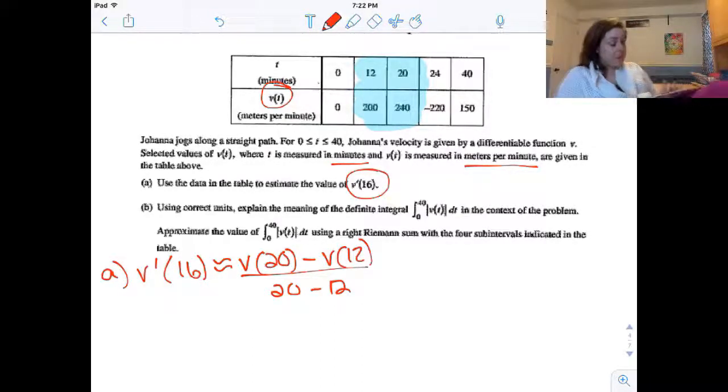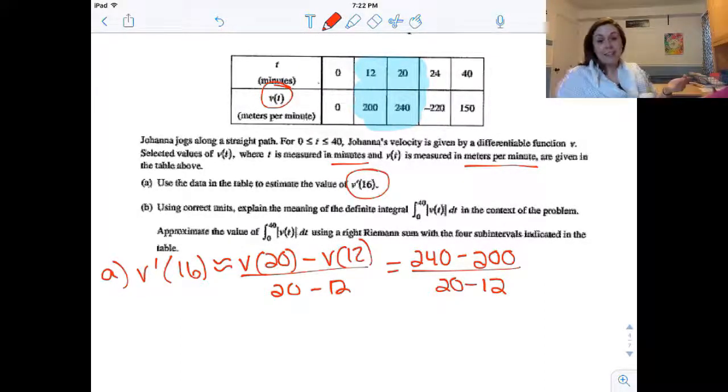It has to be all numbers. So this is going to be 240 minus 200 over 20 minus 12. It doesn't say indicate units of measure there, but let's do it just to be safe. V prime of 16 would be in meters per minute squared. And it can stay in that form. Totally fine.